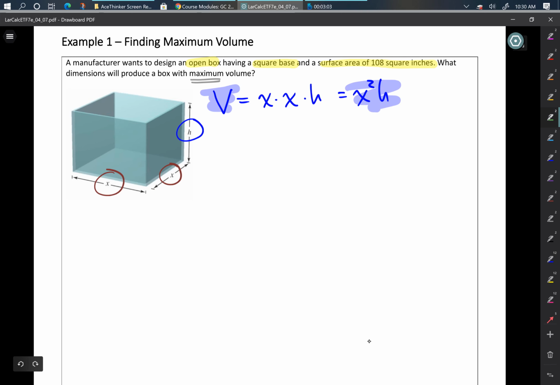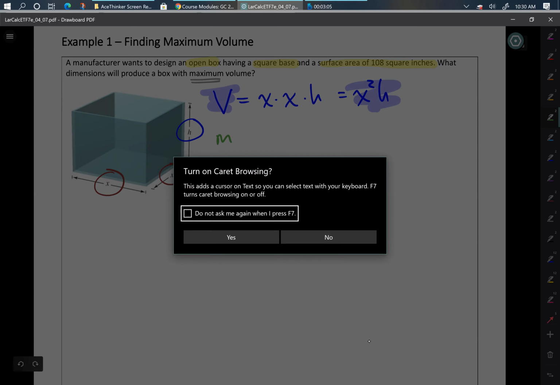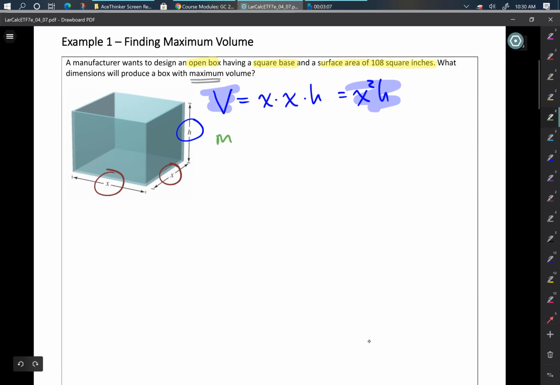But I can't. The reason I cannot maximize this volume is that my knowledge of calculus only allows me to maximize something when it has one independent variable.